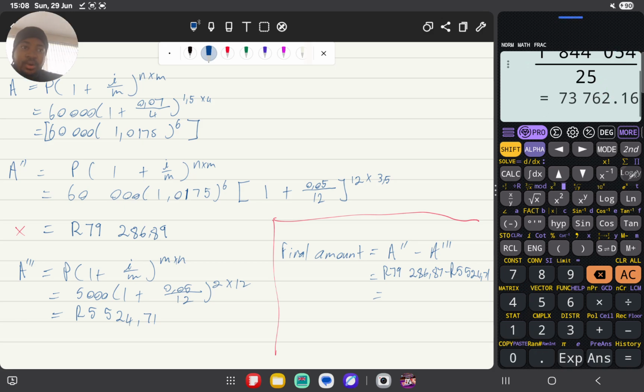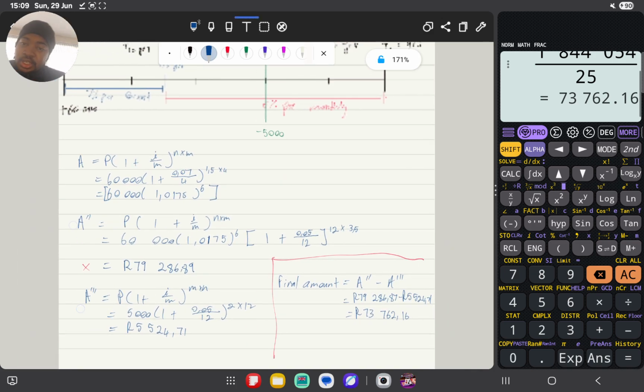Right, and the value, our final value for this problem becomes what? It becomes 73,762 rands and 16 cents. This is the final value, implying this is the value that the question was asking about. What is the final value, or what amount will be in our account at the end of year 5? Do you see it? Cool stuff.